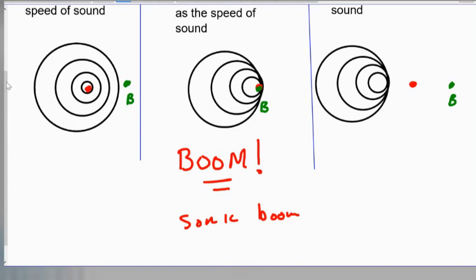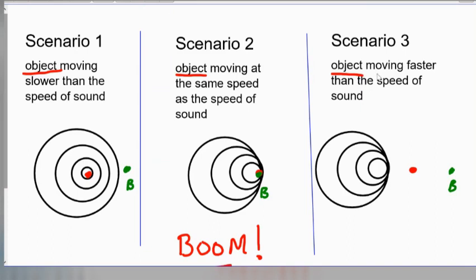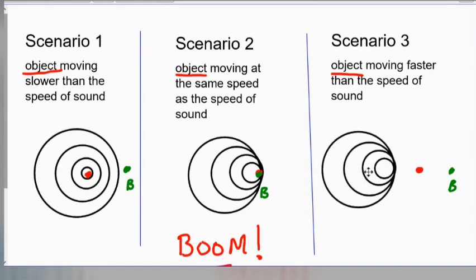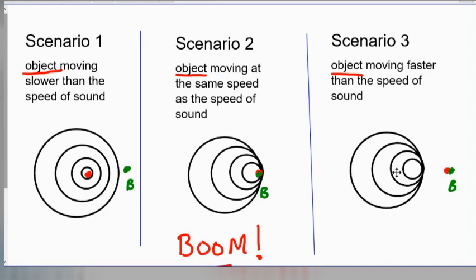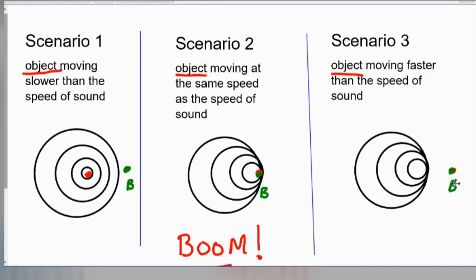In scenario 3, what's going to happen is the object, the airplane, is out in front of the sound wave, so it's supersonic, or its Mach number is greater than Mach 1, because scenario 2 is Mach 1. This is faster than the speed of sound. So what we're going to see is as the airplane, that's the red dot, reaches the person, which is the green dot, you still haven't heard anything.